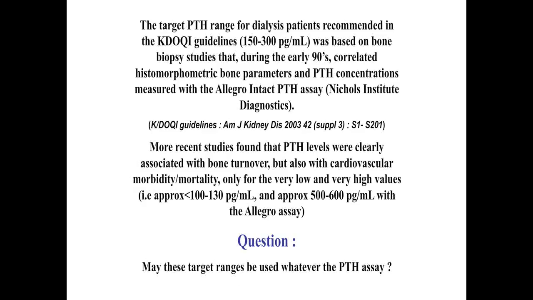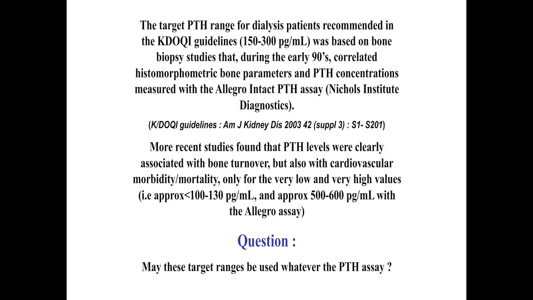So to summarize this, the target PTH range recommended in KDOQI was this 150 to 300, based on studies during the early 90s with the PTH assay that we know is no longer available to us.